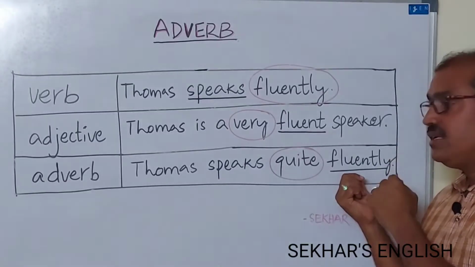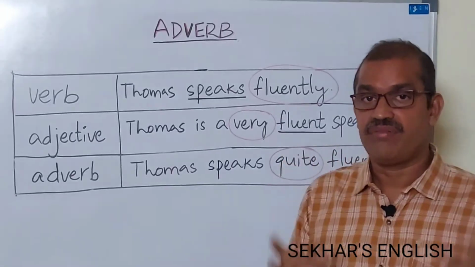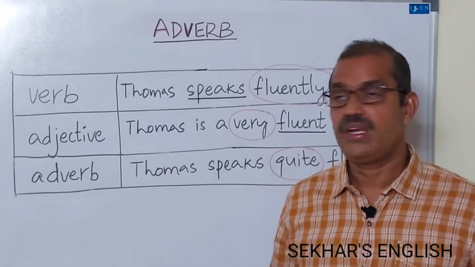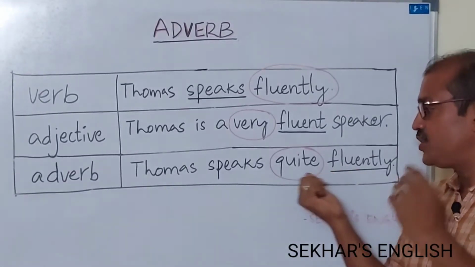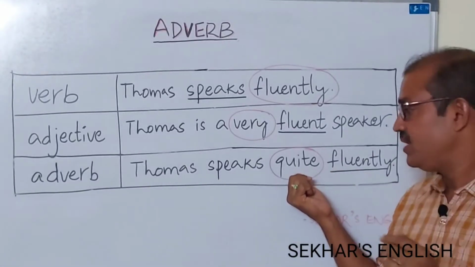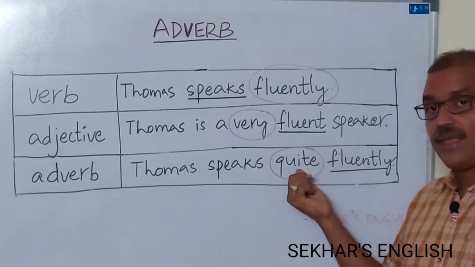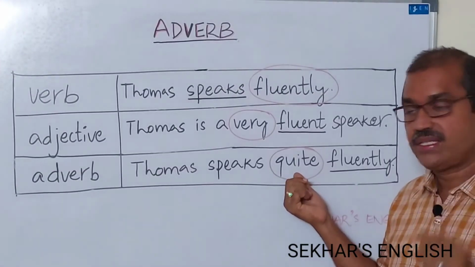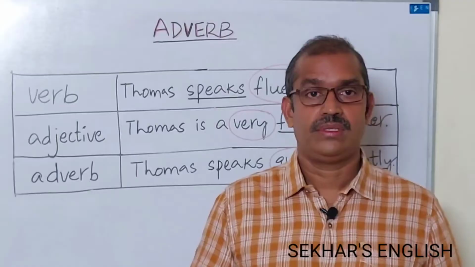Here according to the definition, an adverb modifies the meaning of an adverb. Here fluently is adverb, quite is adverb. Here quite modifies the meaning of another adverb fluently.